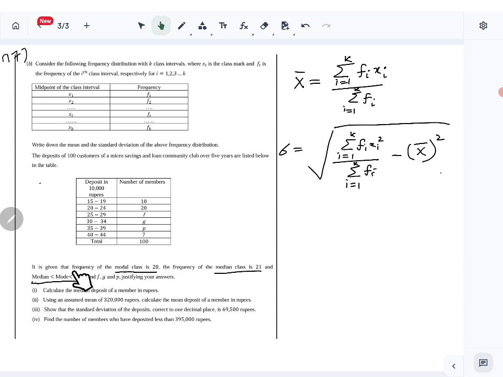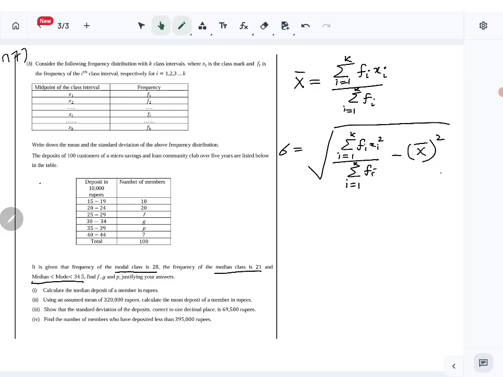That's clear, no? Because both of them are less than 34.5. And median and modal class are two different classes because they have two different frequencies. So median class should be less than mode class.